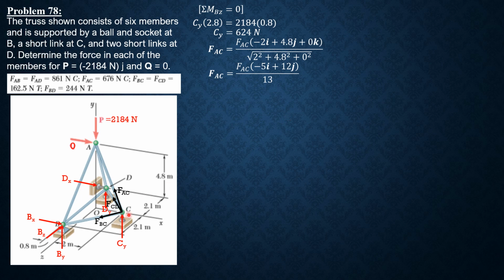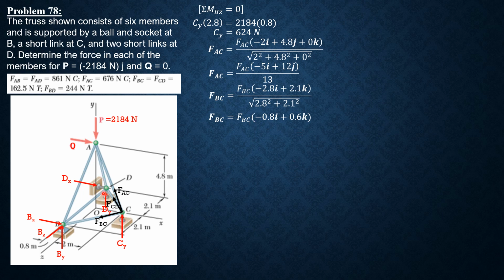Then FBC is negative 2.8i and positive 2.1k, 0j. So divide by distance, square root of 2.8 square plus 2.1 square. So FBC is equal to magnitude of FBC, negative 0.8i plus 0.6k.